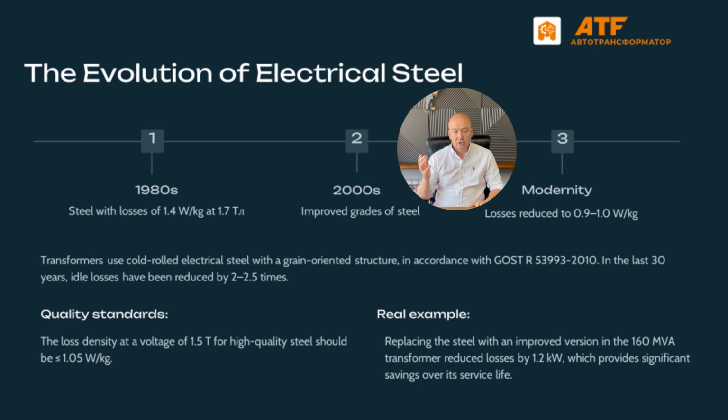In one case, switching to improved steel reduced core losses by 1.2 kilowatts in a 160 megavolt ampere transformer. At an induction level of 1.5 Tesla, the loss density for high-quality steel is below 1.05 watts per kilogram.